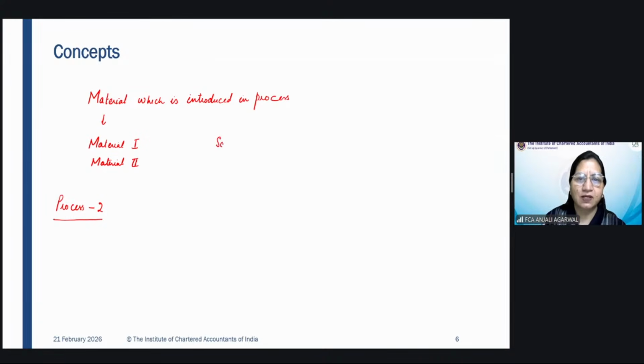So let's take a process. You have some parts. You assemble them into a chair, let's say. So you have some kits here, and these kits, you assemble them into a chair. So process 1 is assembling the kits into chairs.